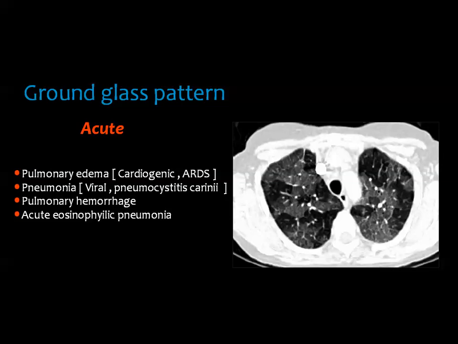The acute one, and this is the differential diagnosis, and the chronic one, and we'll discuss it later. The acute ground glass opacities include pulmonary edema, either due to cardiogenic edema or due to acute respiratory distress syndrome, pneumonia, either viral pneumonia or pneumocystis carinii, pulmonary hemorrhage, and acute eosinophilic pneumonia.